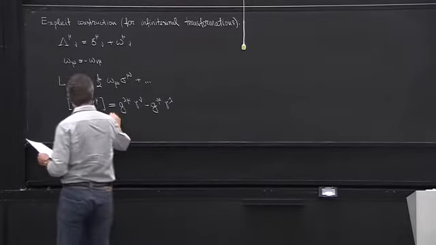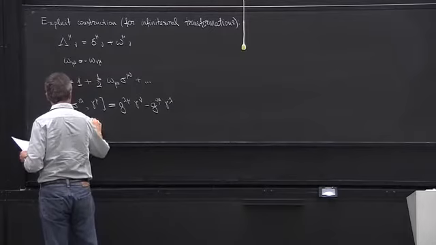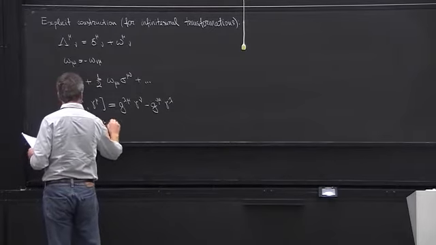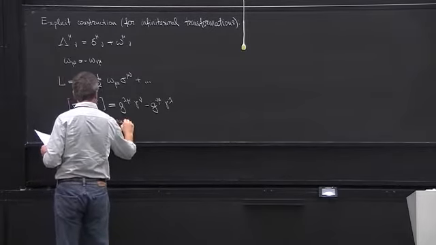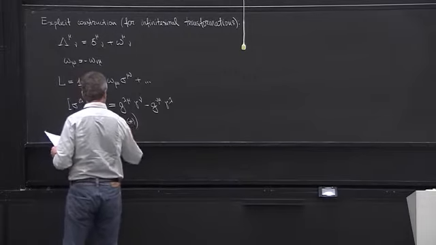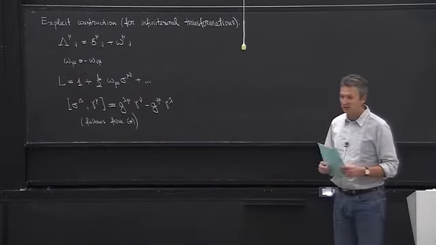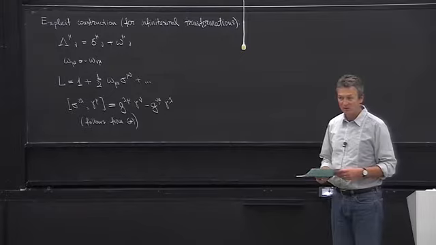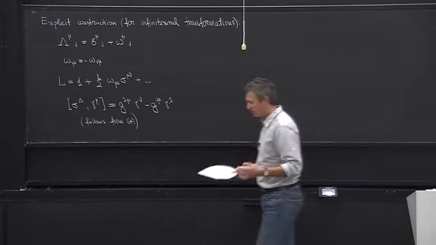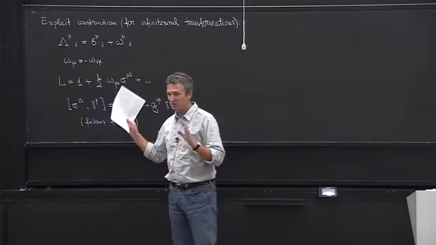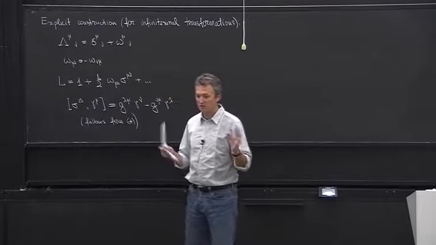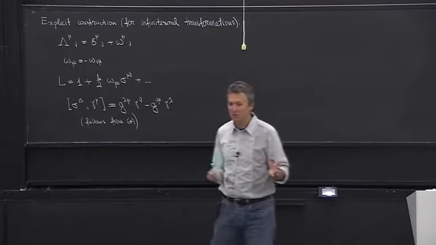So this just follows from the defining equation of the Lorentz transformations acting on spinors. Any questions here? So is it more or less clear what the difference is between spinors and vectors, what spinors are, and how they transform?